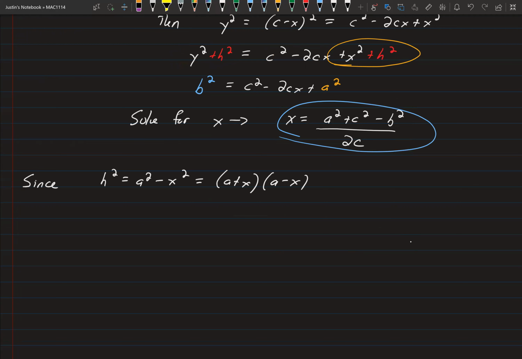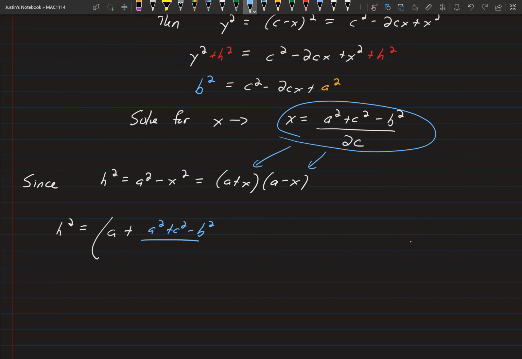So our next move is I'm going to plug in for x here and here with that formula we have, a squared plus c squared minus b squared over 2c. So I've got a plus x, a squared, c squared minus b squared over 2c.